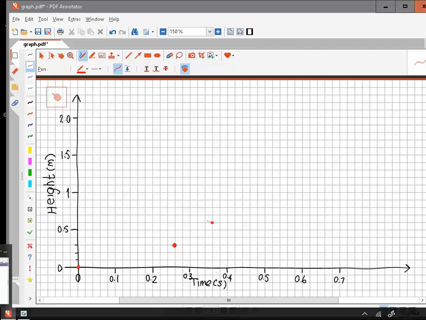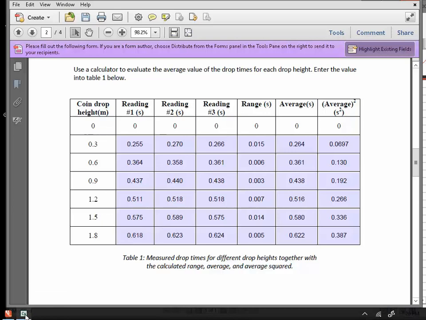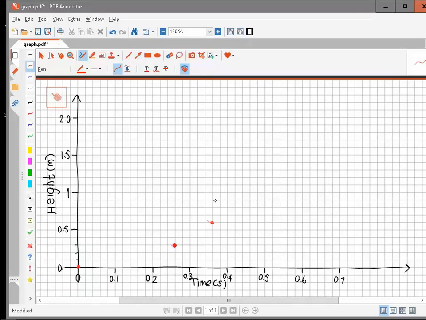Let's continue. 0.9, and here I'm going to round this to 2 significant digits to result in 0.44. 0.44 would be quite easy to plot using our setup. So 0.9 and 0.44. This is 0.9. There's 0.4, and this is 0.44.